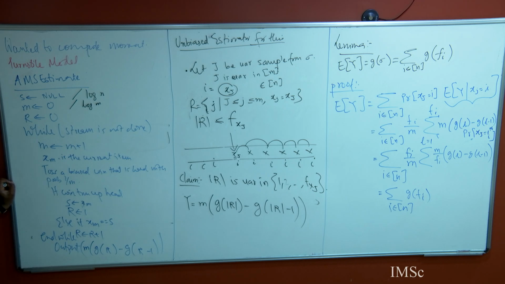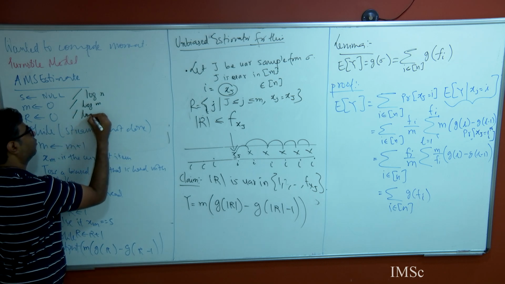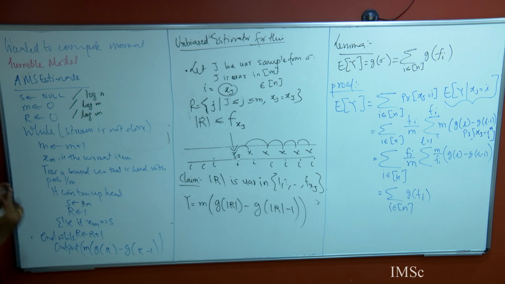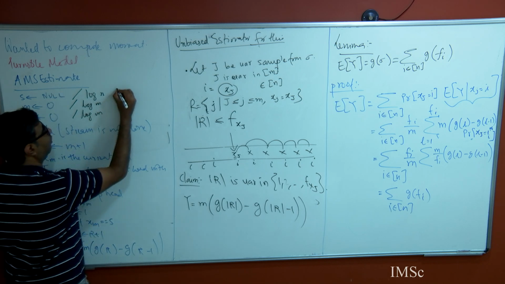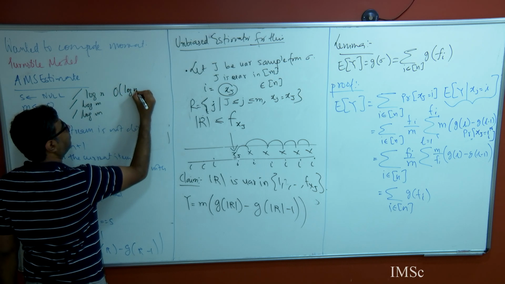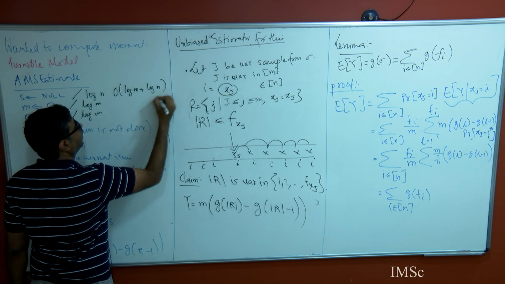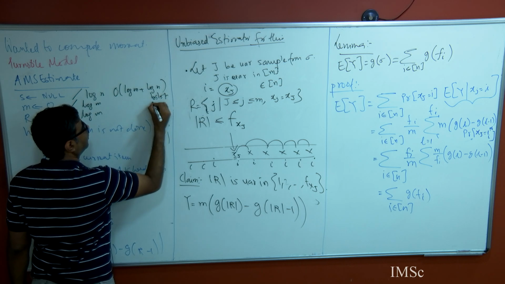And what is R? It's a frequency. Frequency cannot be more than m, so this also will take at most log m bits. Suppose the computation time for this is cheap for now, then this algorithm takes order log m plus log n bits of space.